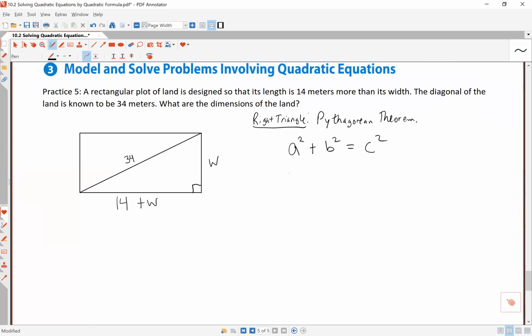So this is length squared plus width squared equals the diagonal squared. The length is 14 meters longer than the width, and the diagonal is 34.